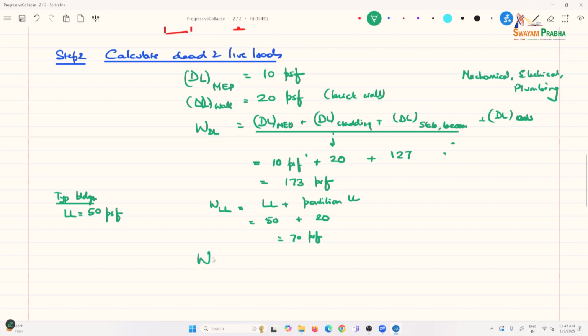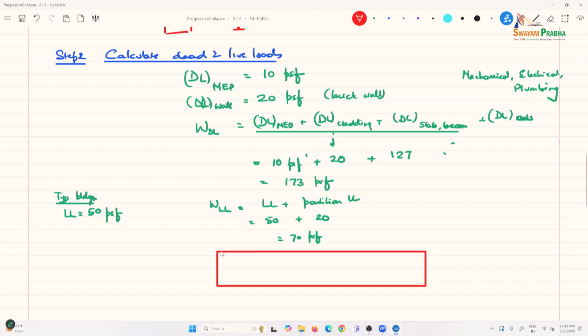So, when we look at the factored load combination, we saw from the PowerPoint the load to be calculated, WF, is 1.2 dead load plus 0.5 live load.